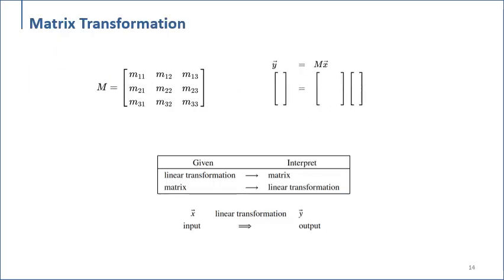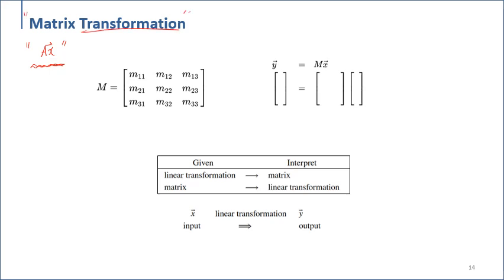Yeah, so previously we have learned matrix multiplication. So by multiplying A with the vector x, we have learned the matrix operations. And actually, the interesting thing is that we can interpret this matrix multiplication as a matrix transformation.